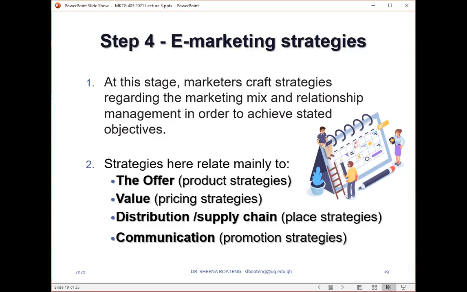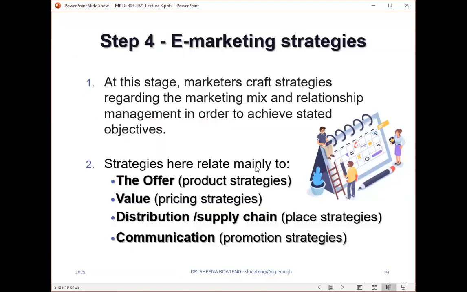And then if it is a service, all the processes involved in the delivery of this service to the customer. And then finally, the issue of communication, which has to do with all the promotional strategies that the e-marketer uses to communicate to their audience, be it potential or current customers, about the brand's offering and how best they can take advantage of them.